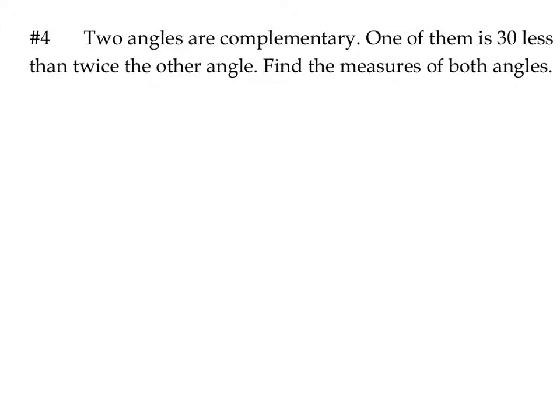Let's look at another example here, relating back to some geometry and complementary angles. We've got to remember what that means. Two angles are complementary. Complementary means that they have a sum of 90. So it means that two angles have a sum, when you add them together, of 90 degrees. One of the angles is 30 less than twice the other angle.